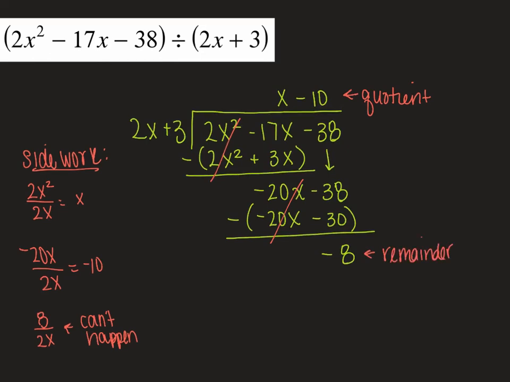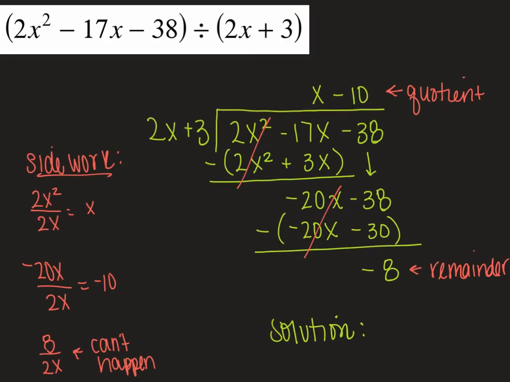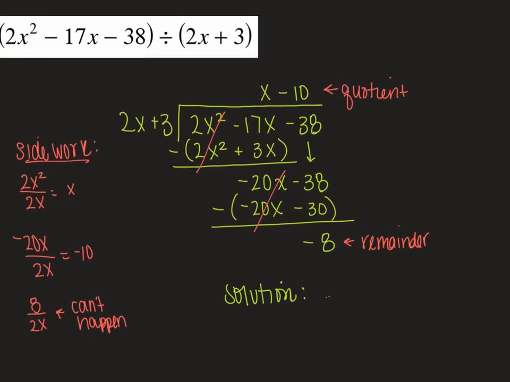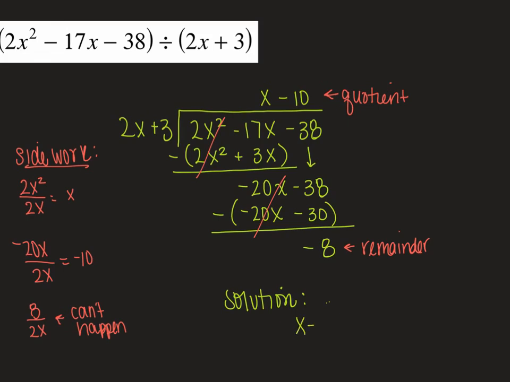So when we're writing our solution out, our solution is going to be our quotient, which is x minus 10. So we're going to have x minus 10. And then we have our remainder, whatever sign your remainder is. So ours is negative, so we'll do minus 8 over our divisor, which was 2x plus 3.